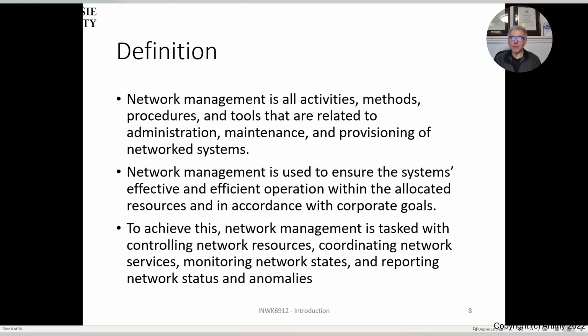No, network management is everything: all activities, all methods, all procedures, all tools that have anything to do with the administration, maintenance, and provisioning of network systems. And that's why sometimes network management has a lot of things to do that have nothing to do with networking technologies at all, right?